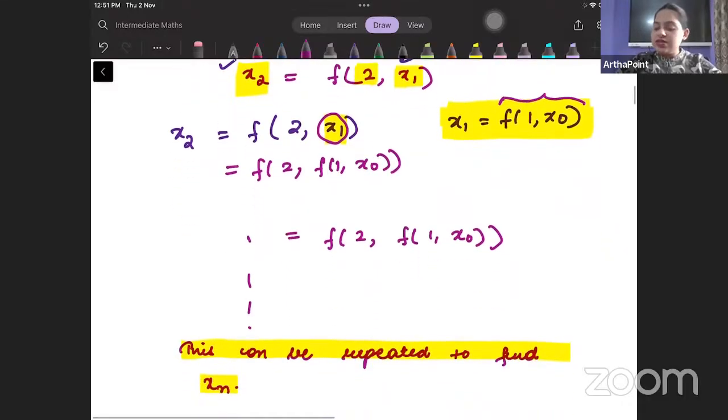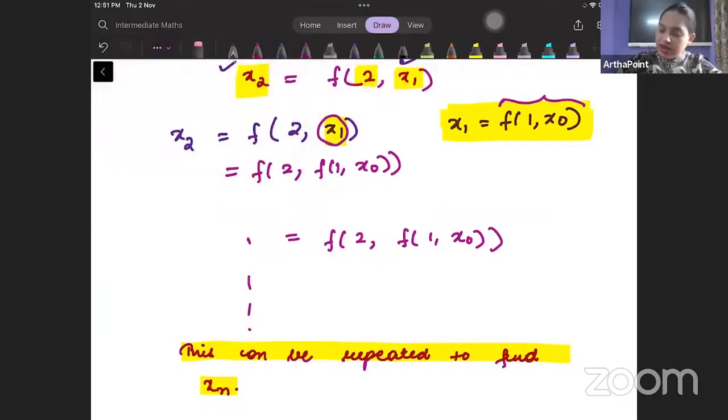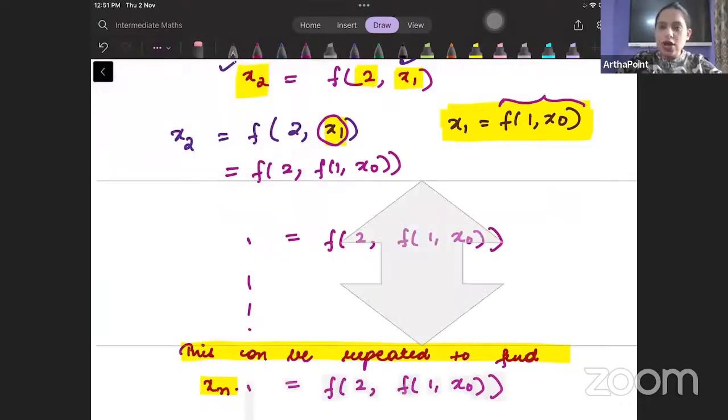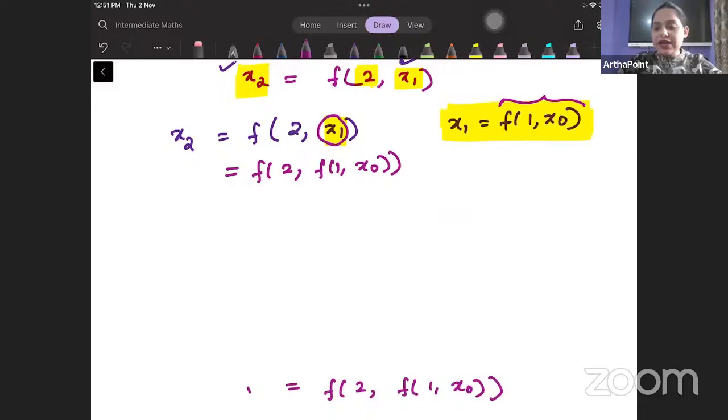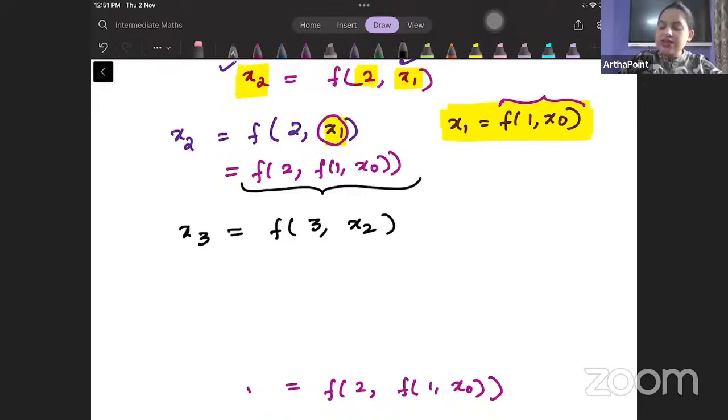Right, beta? Similarly, try to see that I can keep mimicking this. I can say x3 is a function of 3 comma x2, but x2 has been rewritten like this.